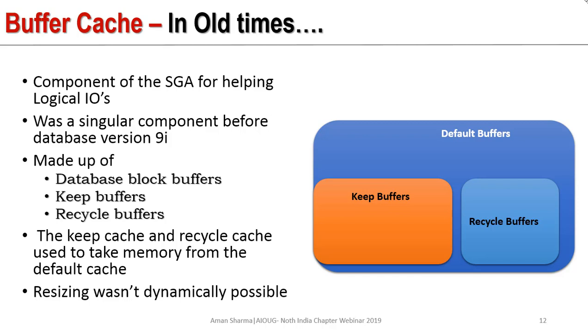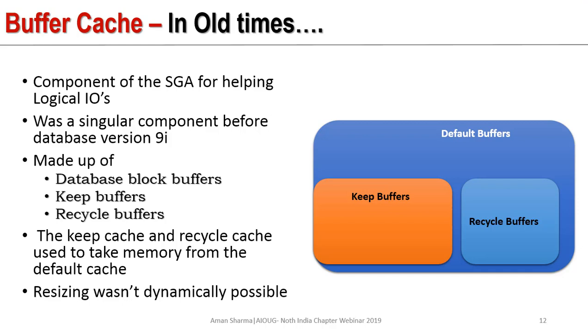The only caveat was that the default buffer cache was giving its size to the keep buffers and the recycle buffers, and one of the major troubles was that these structures were not available for being dynamically resized.